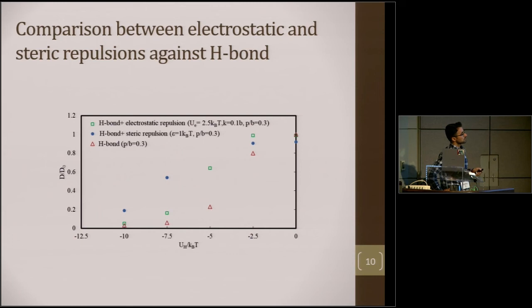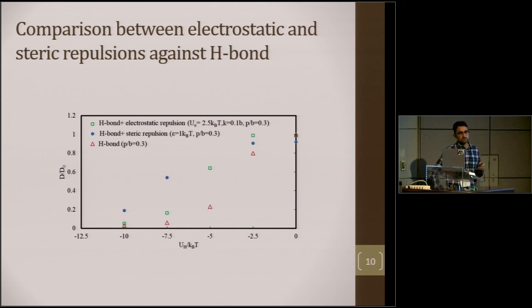But we see that the effect of steric repulsion is more dominant for larger UH values. However, the effect of electrostatic repulsion is more pronounced for a smaller UH value.